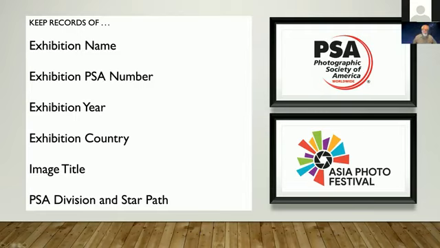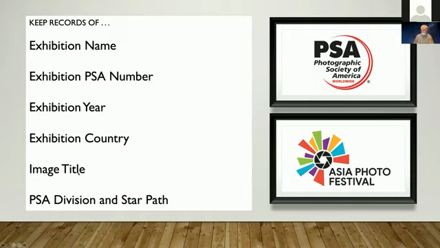There's the PSA number, which is the PSA recognition number. As I said before, that will look like PSA 2020-123. Make sure you record the year of the exhibition, 2020 and so on, the country in which the exhibition takes place, and of course you need your image title.